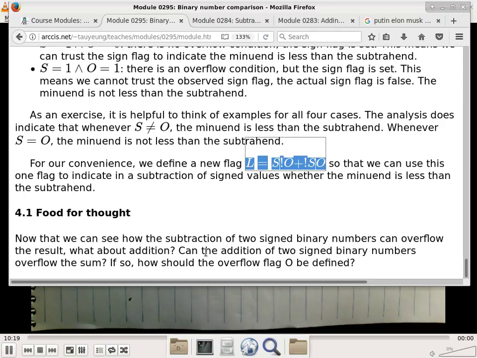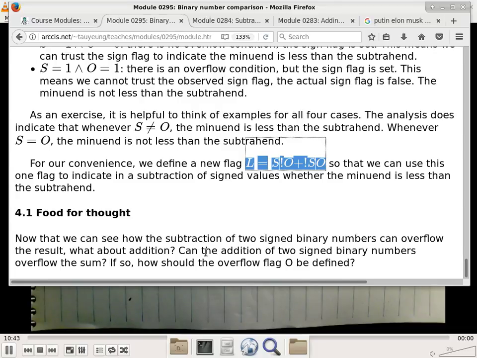If you add a non-negative number to a non-negative number, but you somehow end up with a negative number, the sign doesn't make sense. But the equation for that particular overflow after an addition is different from the overflow for subtraction. So I want you to think about it and see if you can derive that equation yourselves. I can go over the answer next class.